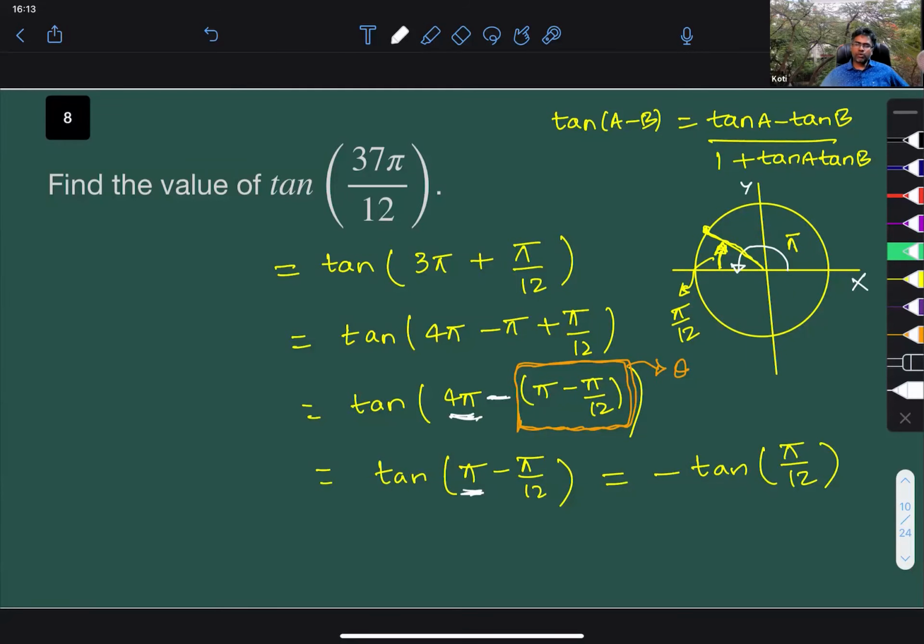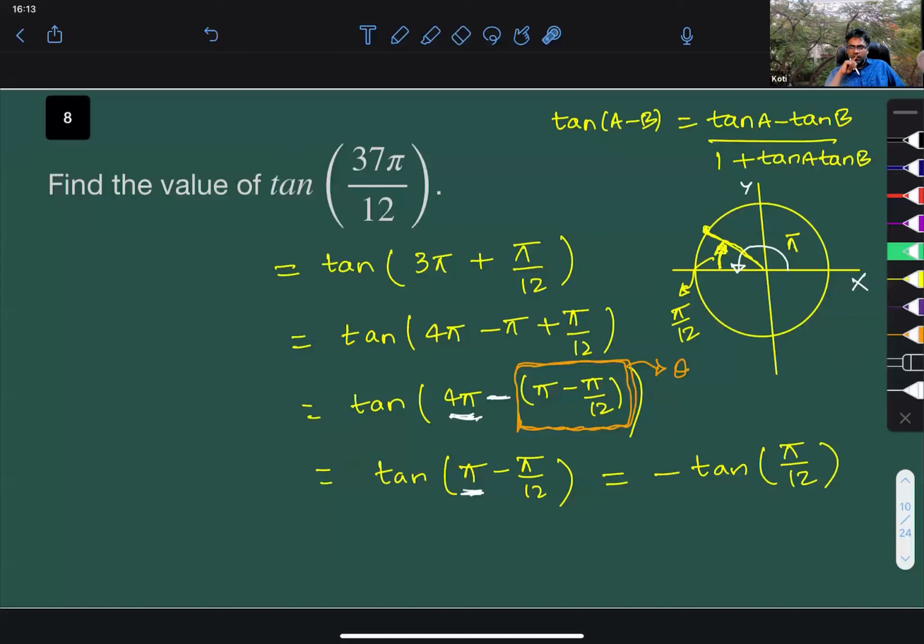So that means you're going back to which quadrant? You're going to the third quadrant, right? So in the third quadrant, tan will be positive. I think we are okay here. You guys understand this?